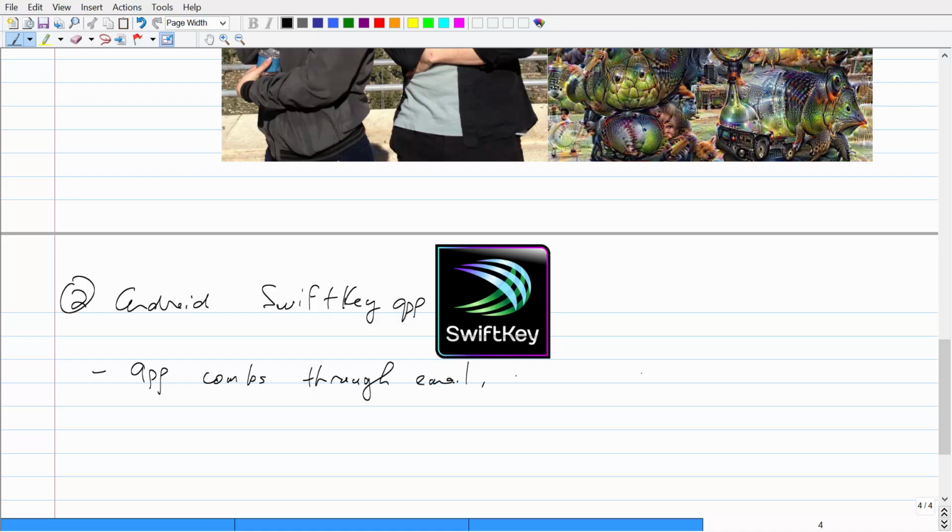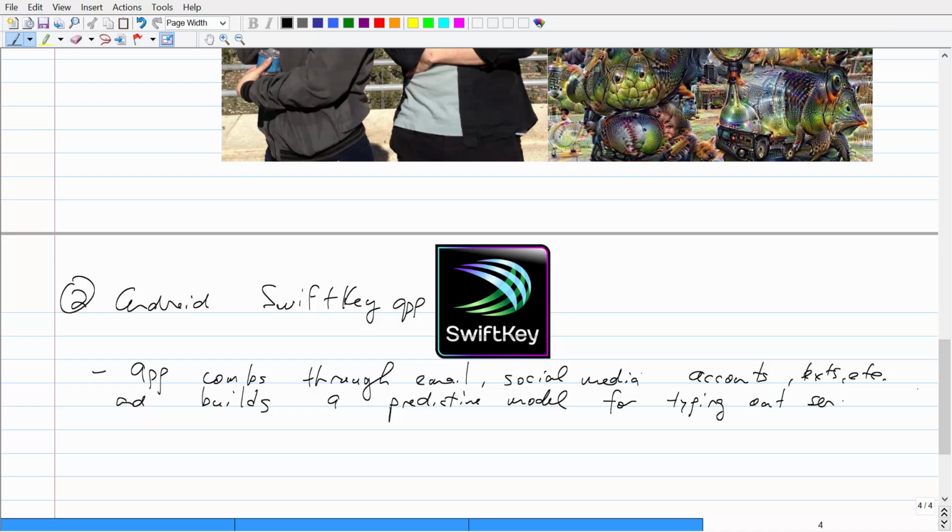So the app combs through email, social media, your accounts, not anybody else's, but texts, etc., and builds a predictive model for typing out sentences.